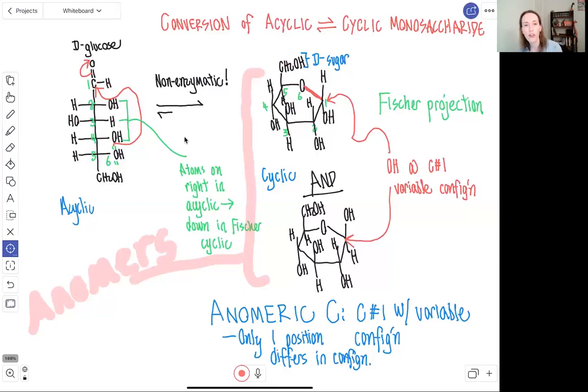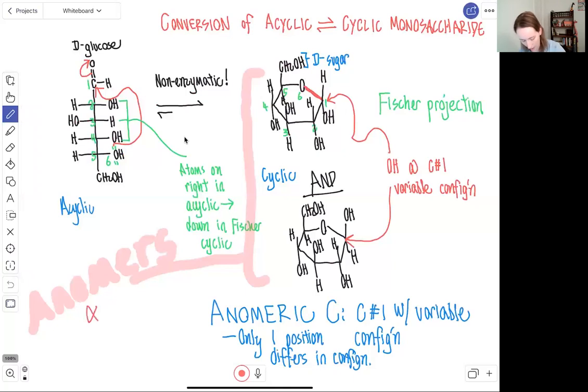To describe in words the configuration at the anomeric carbon, we use the terms alpha and beta. Alpha refers to the anomeric carbon where the hydroxy group is oriented downward.